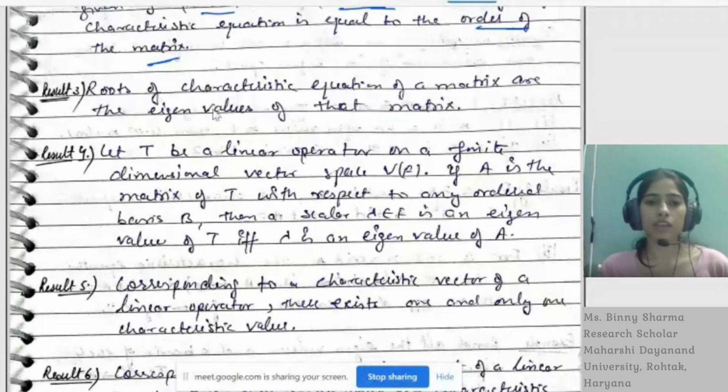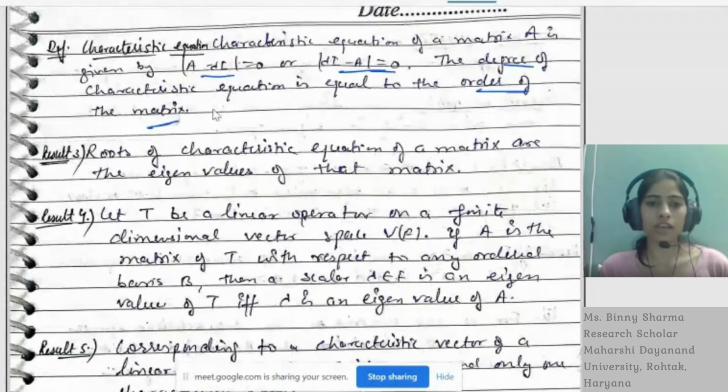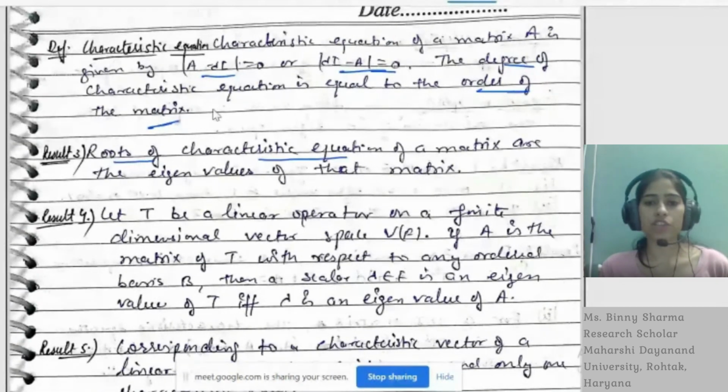When we solve the characteristic equation, we will get roots of the characteristic equation, and these roots are known as the eigenvalues of that matrix. So if we want to find the eigenvalues, we have to solve the characteristic equation.